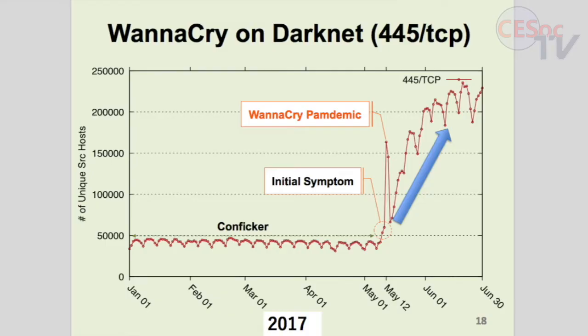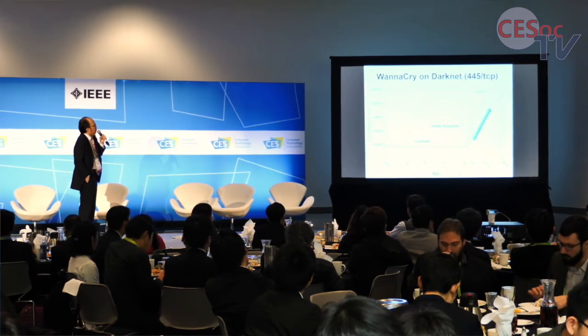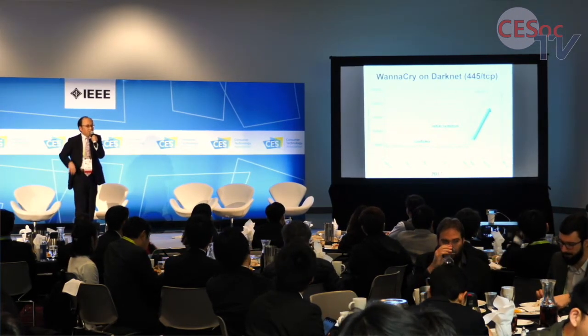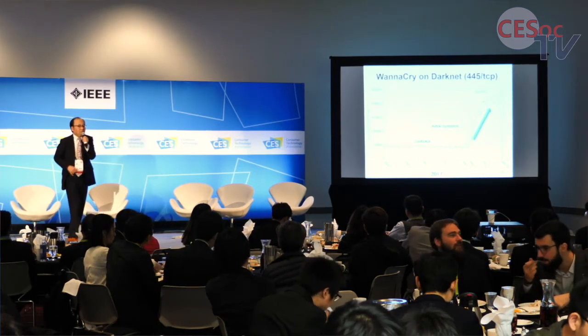So in order to capture these kinds of packets which are targeted to port 445 by using the darknet, this is the data traffic, and you can recognize that up to May, this is 2017 last year, port 445 is a very low number.